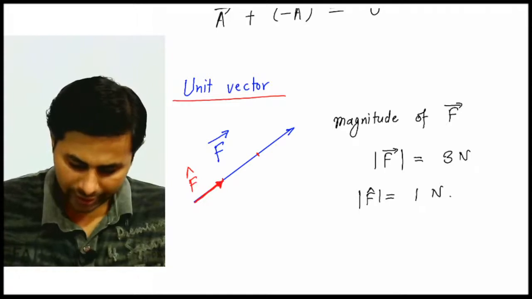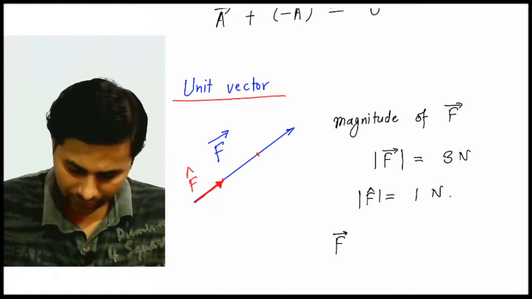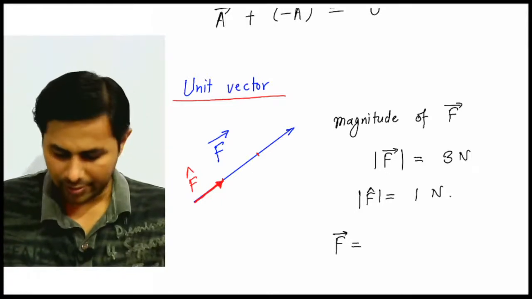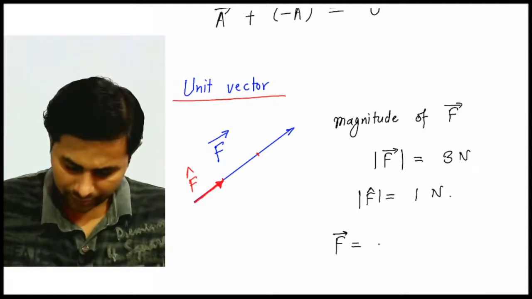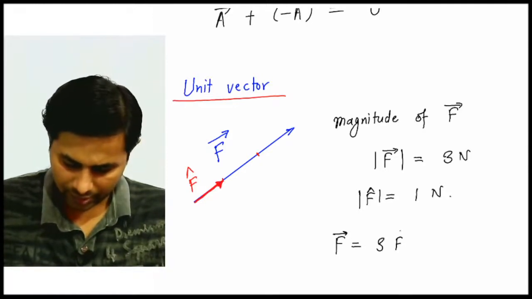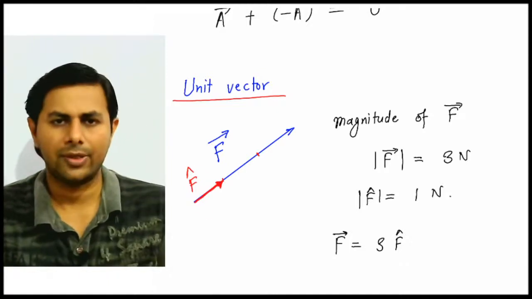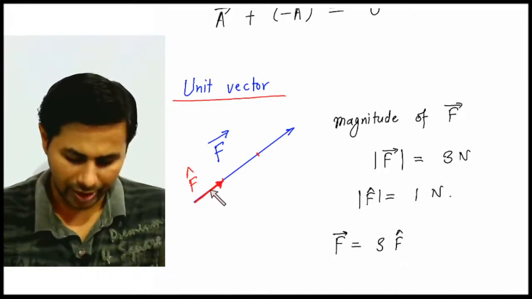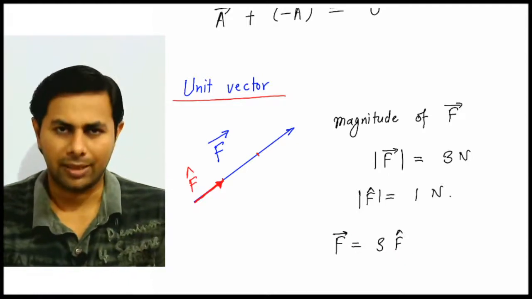So I will write F bar equals 3 times F cap. Okay, because magnitude of F cap is 1 unit, magnitude of F bar is 3 units, so F bar is 3 times F cap.